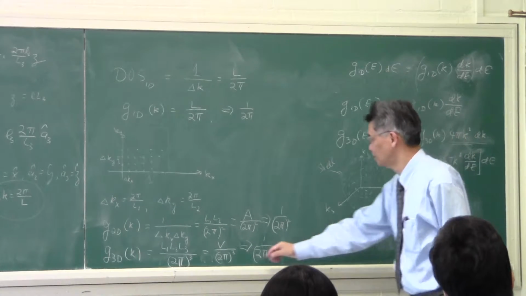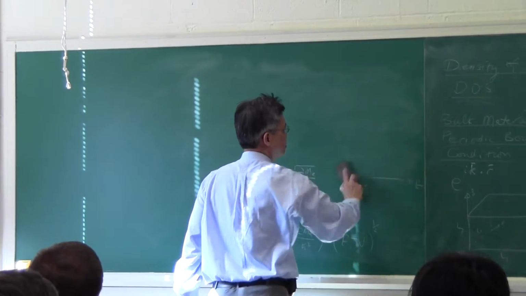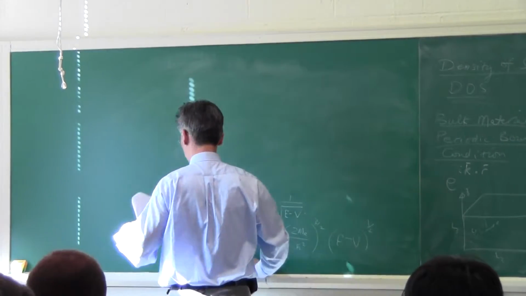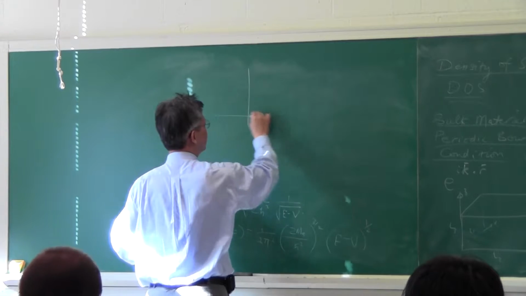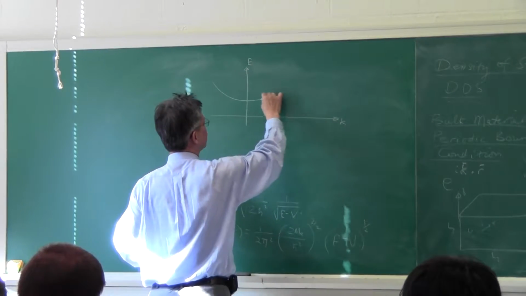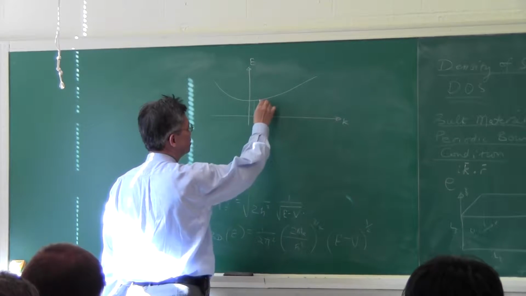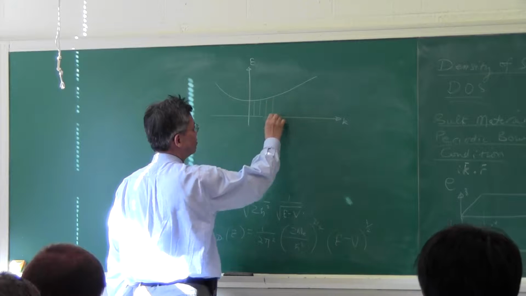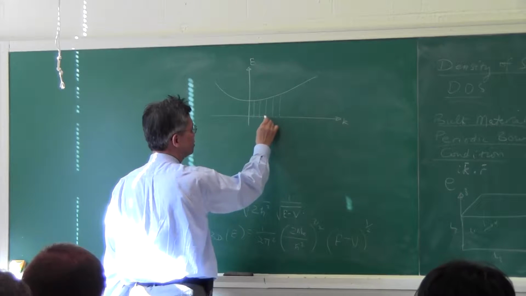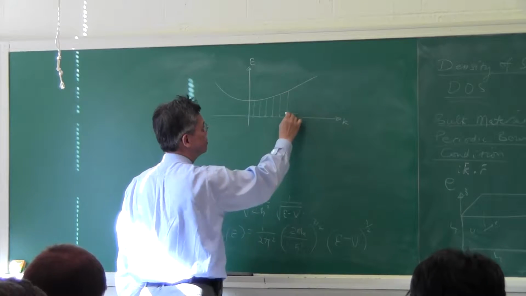Okay? So what happens then is that, for instance, if I were to do this in 1D, I might have an EK diagram that looks something like that. You can see that if I have modes in the periodic boundary condition case, the modes are counted with uniform spacing in the k direction. Right?